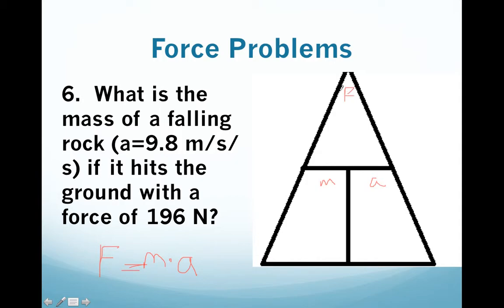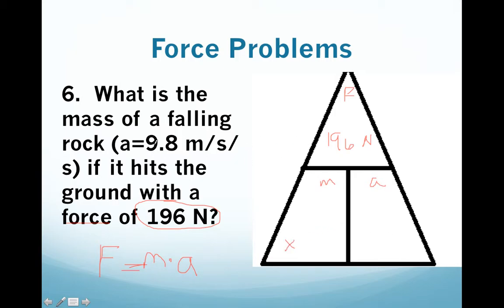Again, I'm going to put my M there, my A here, and force here. I know that I have 196 newtons, since it says a force of that, so we plug in 196 here. They want to know the mass, so we put an X here because I don't know what the mass is.